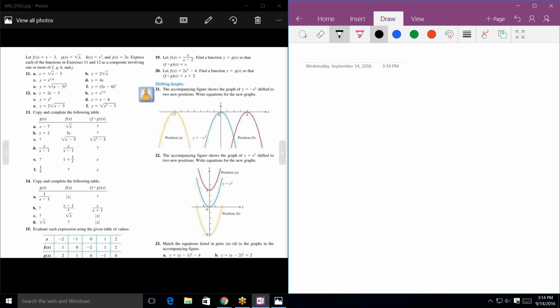Let's look at B. If y equals 2 square root of x, what's another way to express that? Part 11b, if y equals 2 root x, how do I express that in terms of the functions that they've given us?